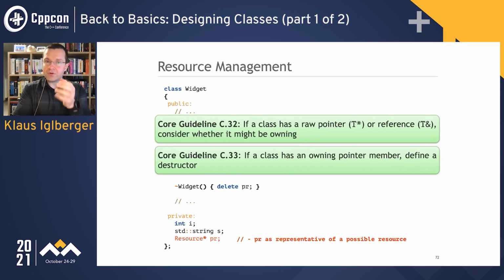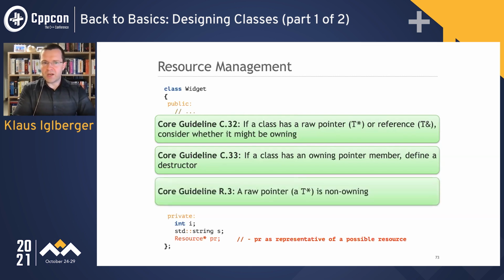The class itself should be as simple as possible. And so core guideline R.3 essentially says a raw pointer is non-owning. That means there are other ways to actually handle that pointer. We should probably not have a raw pointer. If it is owning, we should make this obvious, readable. It should be easy to immediately pick that up.